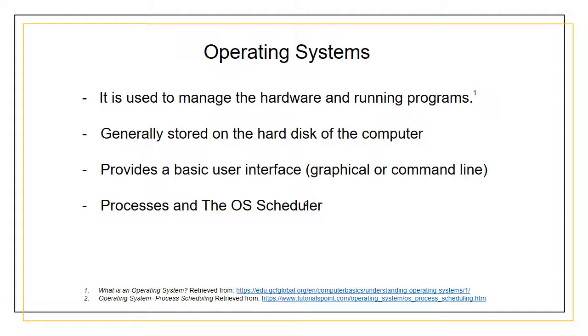But once the computer is started, the RAM copies the data from the hard disk or the boot disk to boot the OS. Additionally, the operating system provides a basic user interface for users to interact with the applications and files stored on the system.